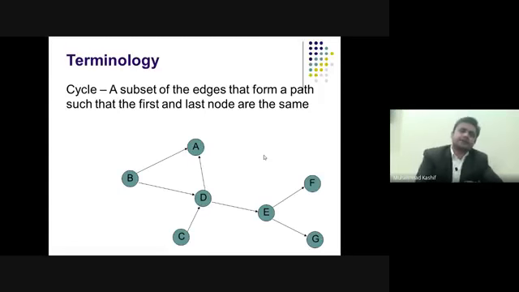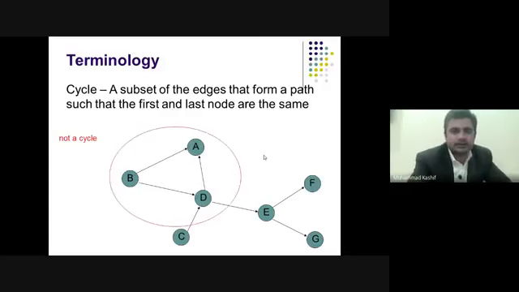We can see if we start from B, we can go to A, and from B we can go to D, and from D we can go to A, but we cannot come back to the point B. That means there does not exist a cycle. So it's not a cycle, but it's a directed graph. But directions are in a way that does not allow us to move in the form of a cycle, right?